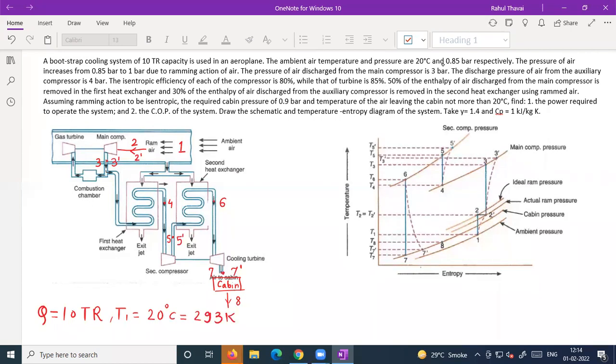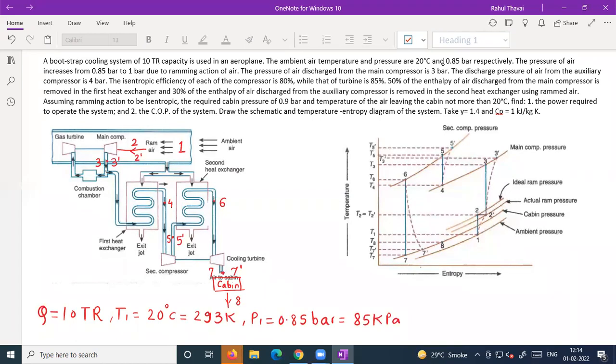And the pressure P1 is 0.85 bar, which is 85 kilopascal, multiplied by 100 so it becomes kilopascal.